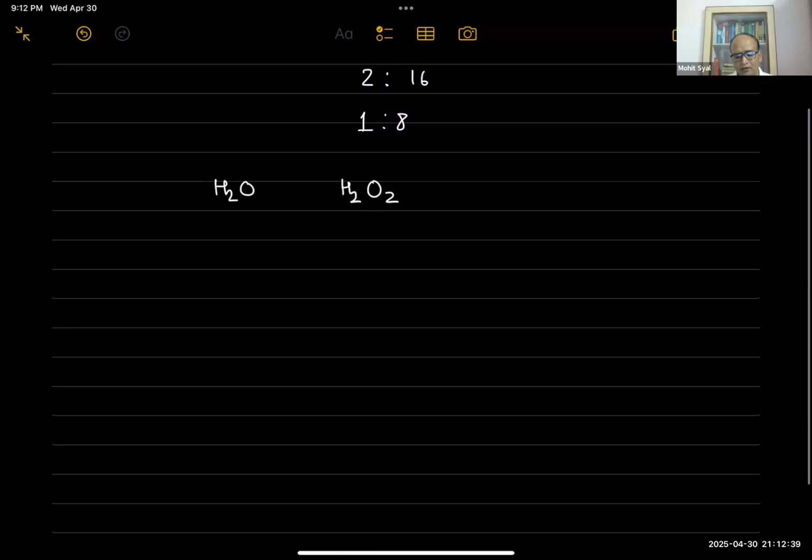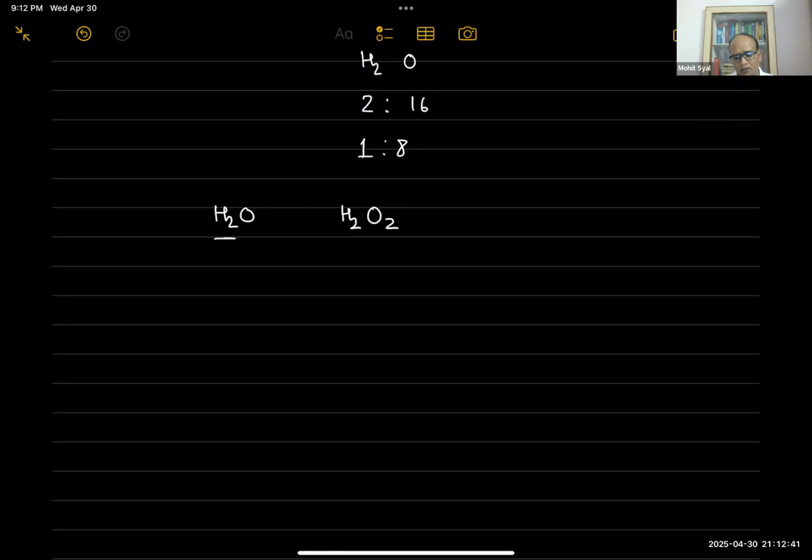So let's take the mass of hydrogen same. Mass of hydrogen is, because there are two hydrogens in this, there are two hydrogens in this. Hydrogen will be the base. 2 gram, yes, exactly.